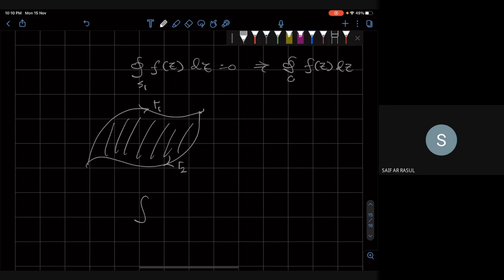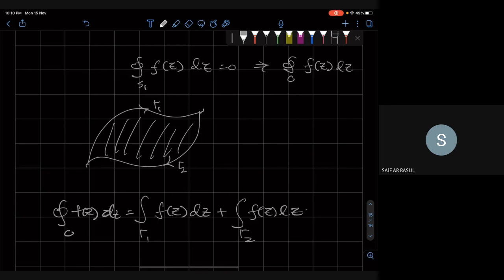So my contour integral of f of z is 0, but I can write that as the sum of a contour integral over gamma 1 plus a contour integral over gamma 2, but this is 0.